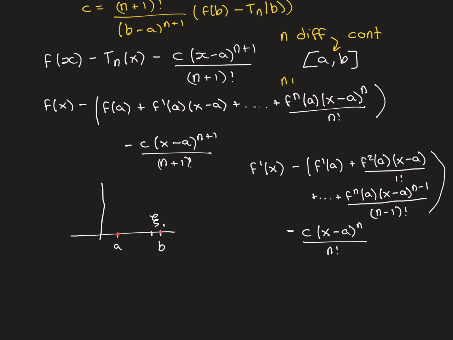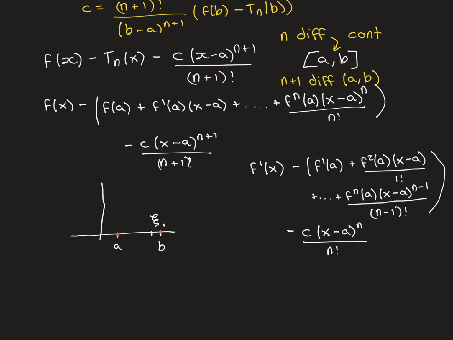We then know that it's n plus 1 times differentiable on the open interval ab. Those are the criteria that we know about this function. Let's now consider in a little bit more detail how we can apply Rolle's theorem here. We know that the value of the first derivative of our function is going to be the same at a and xi1.